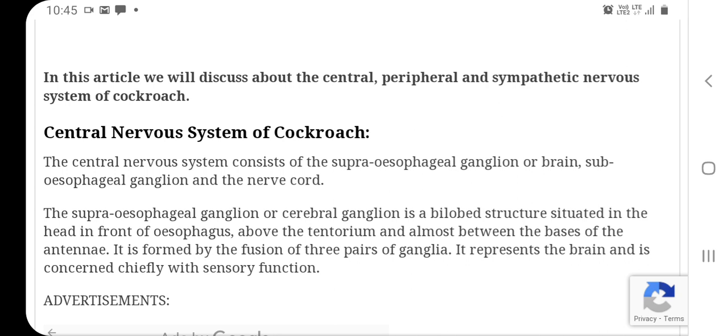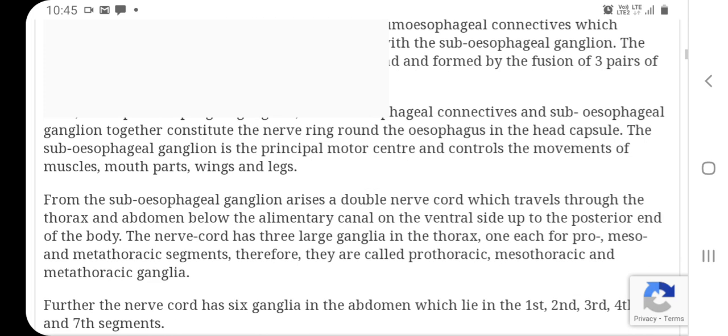Supraesophageal ganglia is a bilobed structure situated in front of esophagus in the head region above the tentorium and almost between the bases of antennae. It is formed by the fusion of three pair of ganglia. It represents the brain and is concerned chiefly with the sensory function.